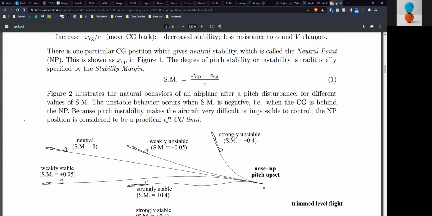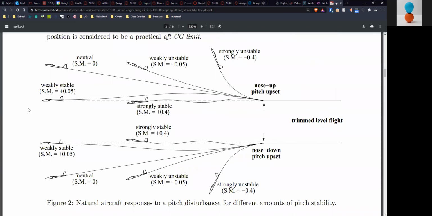The neutral point is called that because if you put the CG there, then you have neutral stability, which means that regardless of your aircraft flight condition, whether it's straight and level or becomes pitched up or pitched down or whatever, the aero forces all apply at that point basically.